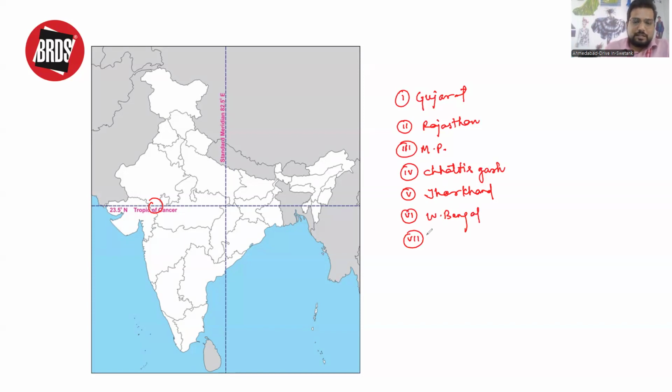After this, in the northern states, it is passing through Tripura and Mizoram.